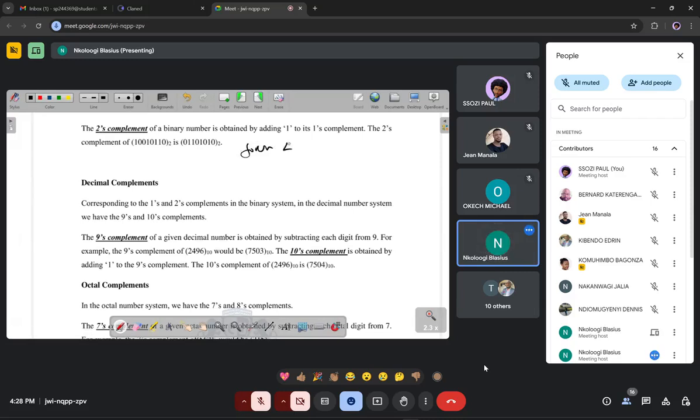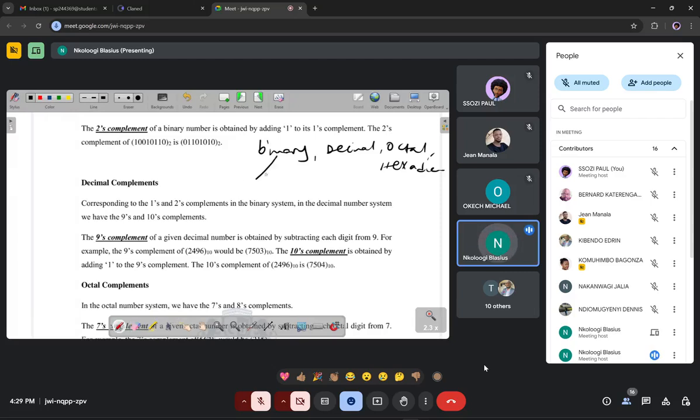We shall be looking at the binary number system, the decimal number system, the octal number system, and the hexadecimal number system. Each of these number systems has two complement types.